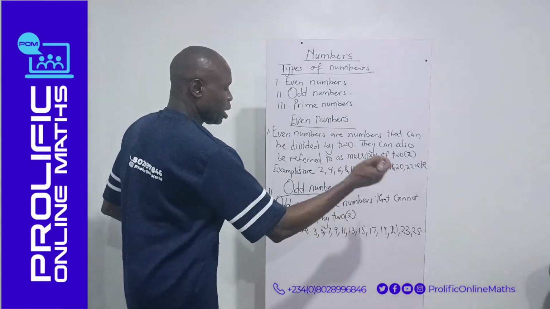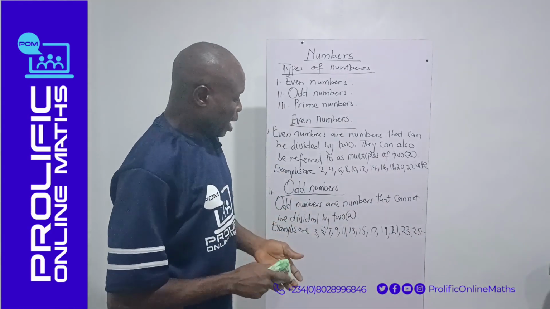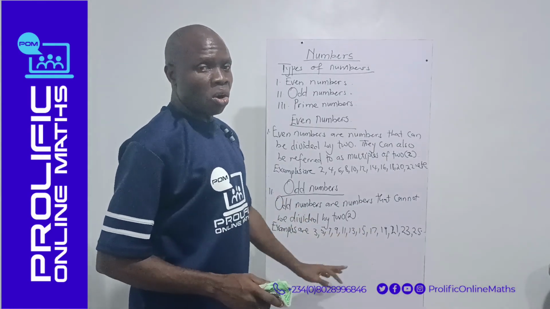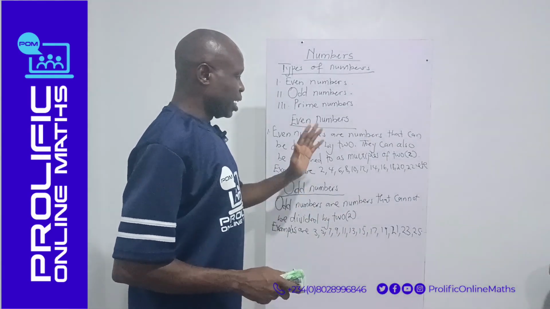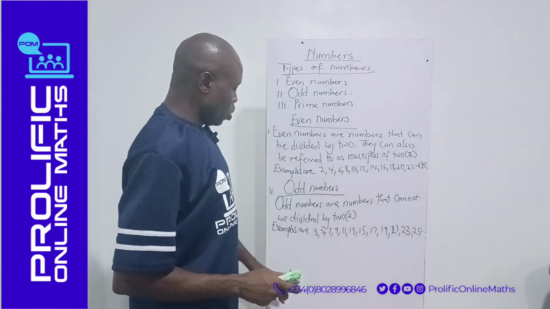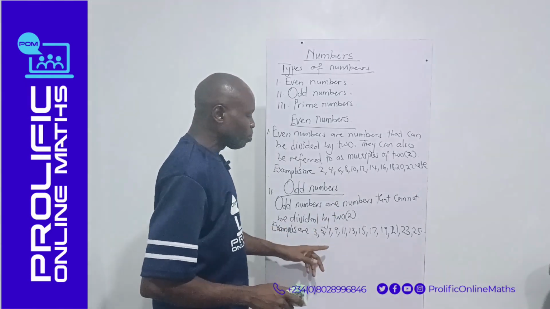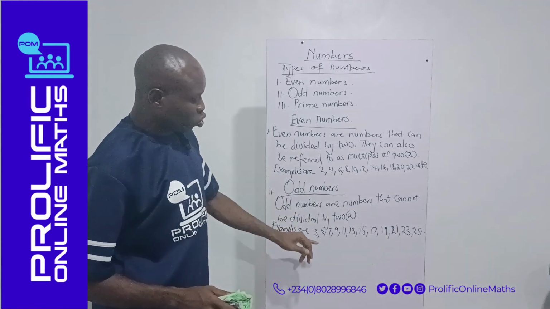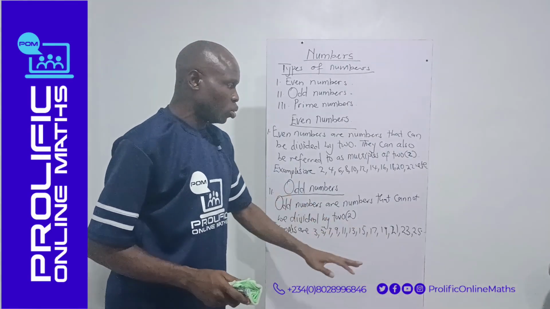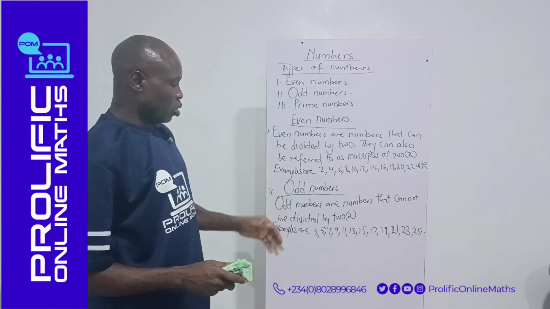So all these numbers and many other ones that 2 cannot divide are referred to as odd numbers. So anywhere you see any of these numbers, they are referred to as odd numbers because 2 cannot divide them.